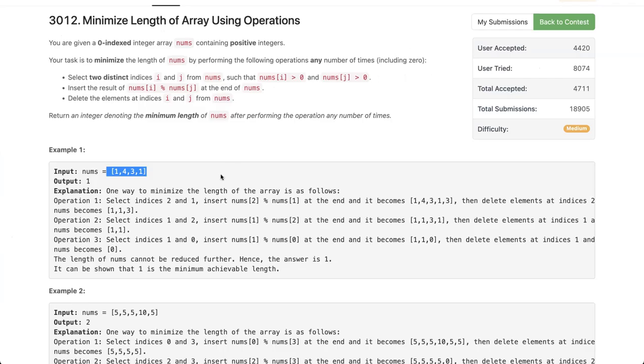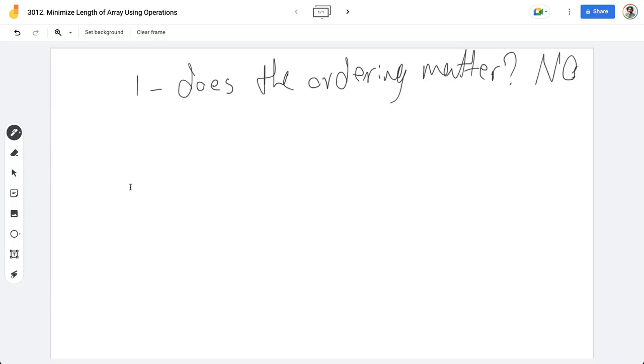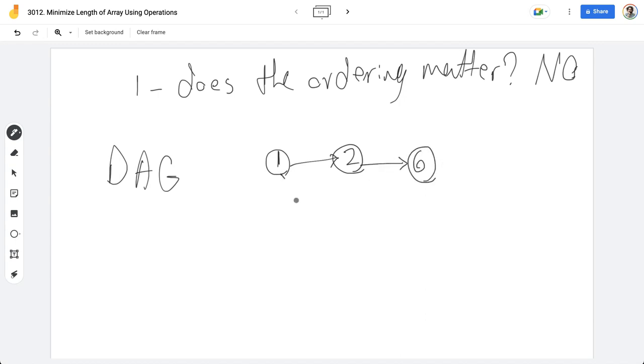Then, because I had looked at this second example, I tried to create a DAG, a directed acyclic graph. I said, okay, there is something related to numbers being multiples of each other. So 1, 2, okay, 2 and maybe 6, and 1 and 3, and 3 and 6, and 3 and, I don't know, 9, and so on, and 2 and 10.